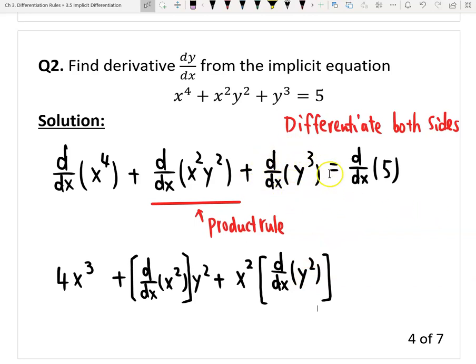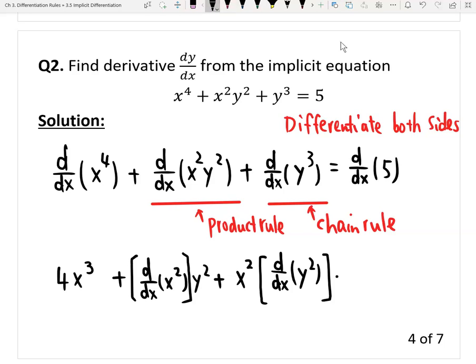How do you think about the third term? y is a function of x, therefore y raised to the third power is a composite function. We have to use the chain rule. The inner function is y. So for this term, we have to use the chain rule because this is a composite function. Let me write the chain rule.